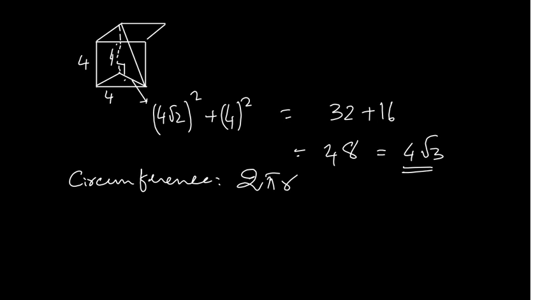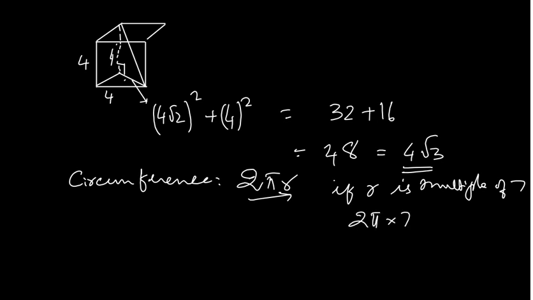Unless r is a multiple of 7, if it is a multiple of 7, that means you have 2 pi into 7n. Then how do you do it? 2 into 22 by 7 multiplied by 7 into n. The 7s cancel, you get 44n. So depending on n equal to 1 or 2 or 3, you will get a whole number.